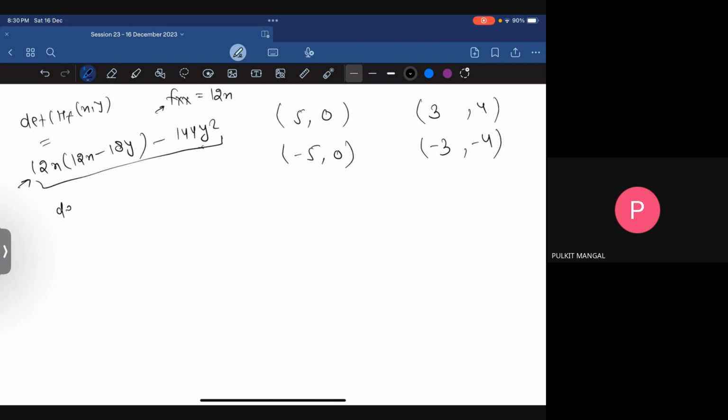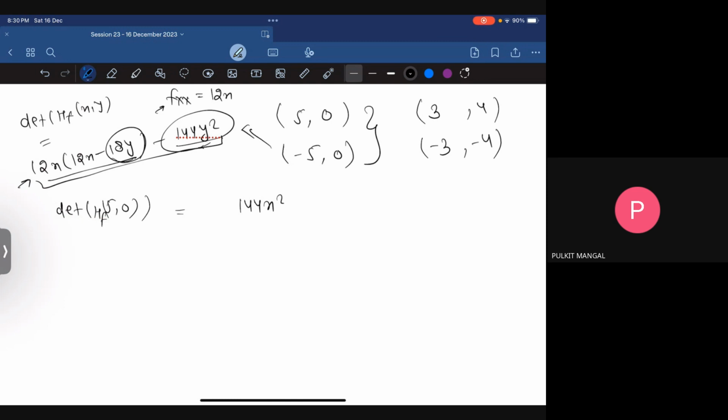First check the determinant at 5 comma 0. This term would be 0, and for these two points this term would be 0, so you only care about this.